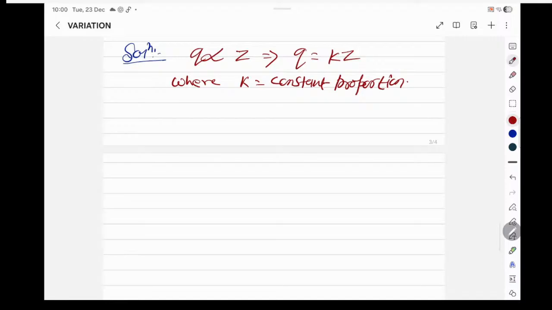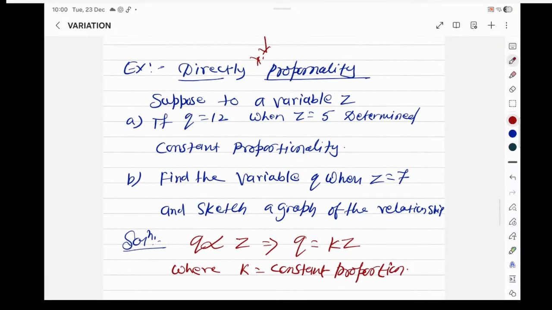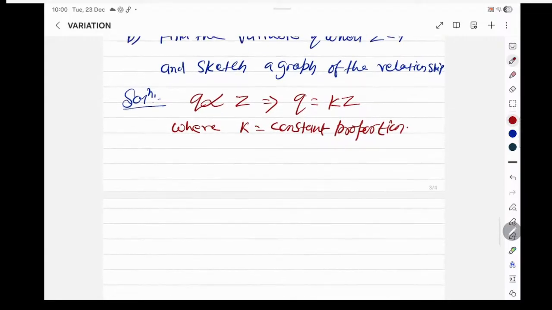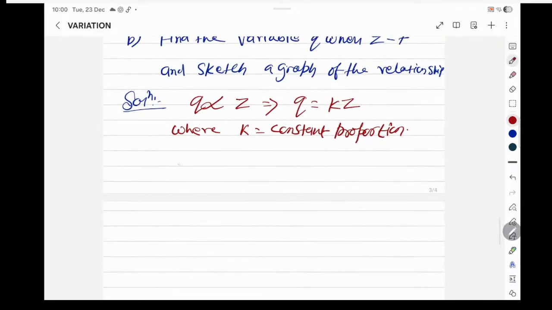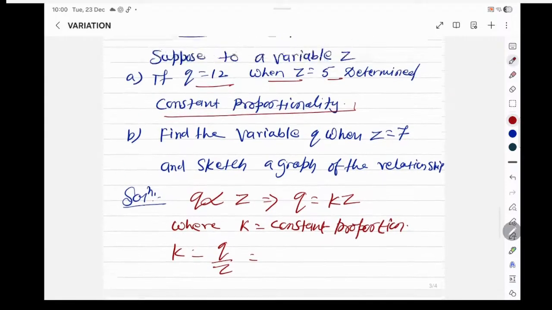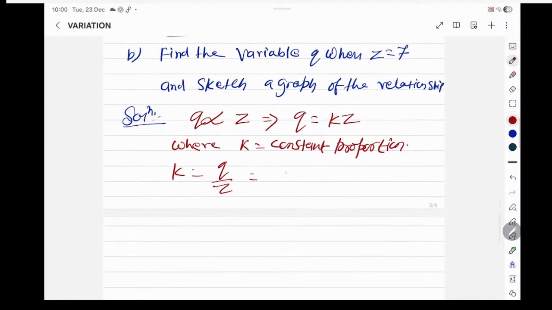So this is my first question. It says if q is equal to 12 when g is equal to 5, determine the constant of proportionality. So the constant of proportionality is k is equal to q over g. That means in place of q you put 12 and in place of g you put 5, therefore k is equal to 12 over 5.